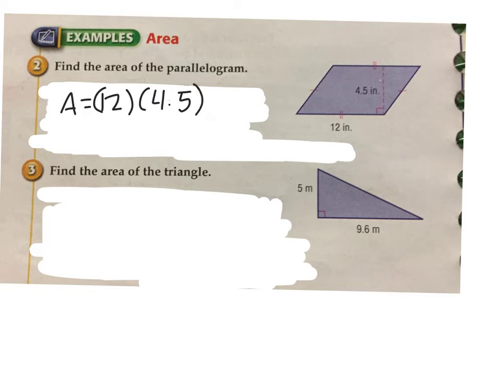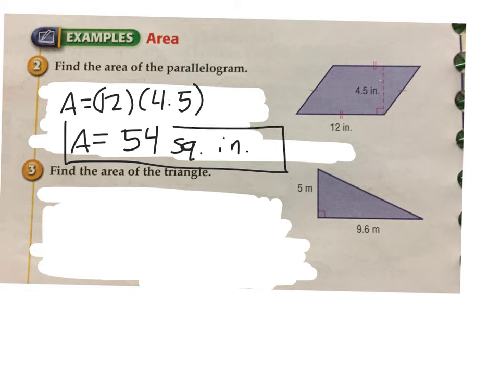If I multiply 12 times 4.5, 12, 24, 36, 48, and 6, 54. And remember, when we're doing area, those are in square inches. Now, it's not always inches. It depends on what your original units are. In this one, of course, it's inches.